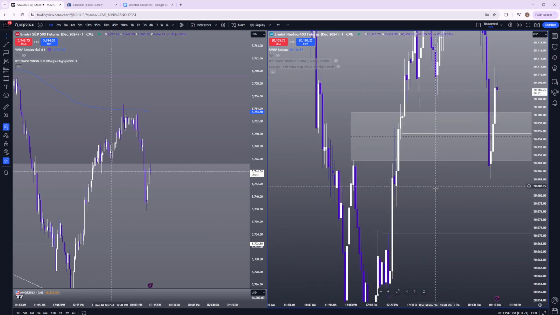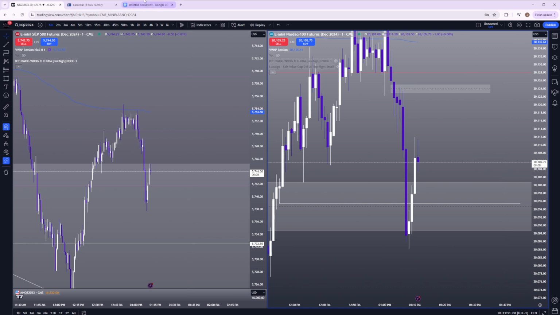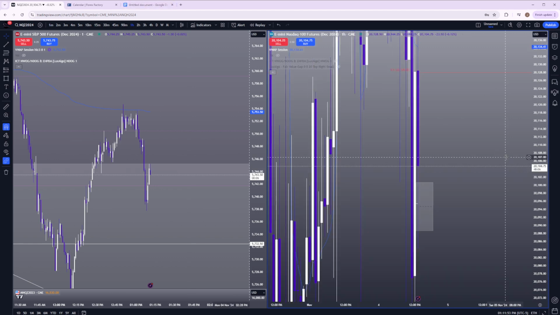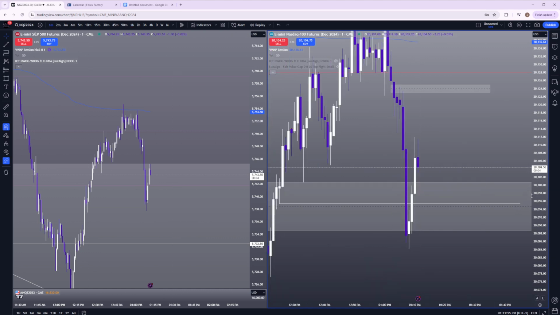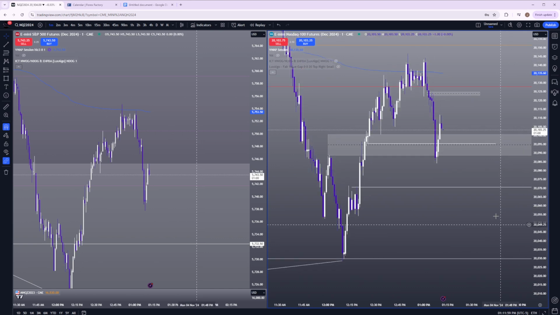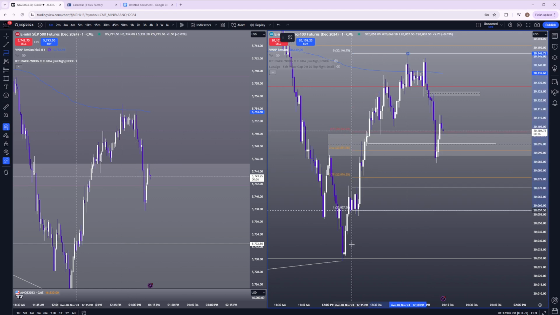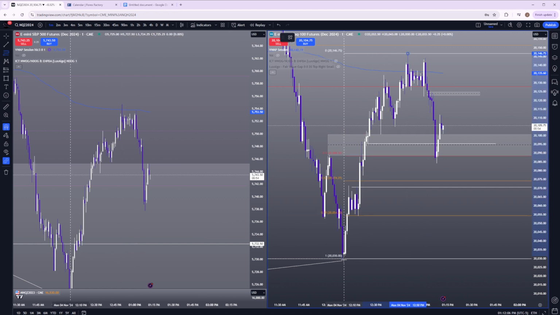All right, we did bounce off the 1 minute bullish breaker here. We bounced off the 5 minute SIBI, 15 minute SIBI. Did we tap into OTE off this leg right here? Off which leg?